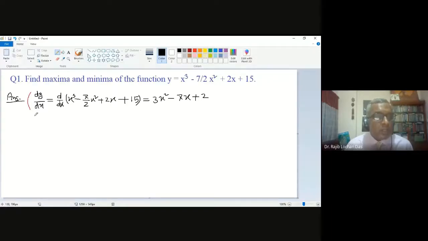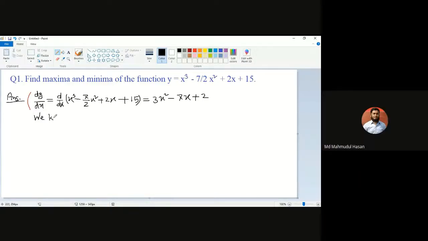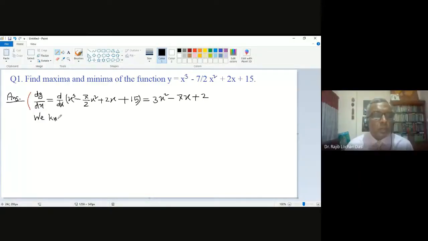Whatever you want to find, maxima or minima, extreme values, for any optimum values, we know dy/dx will be 0. This is the rule. Why it should be 0, that question I am not explaining today.